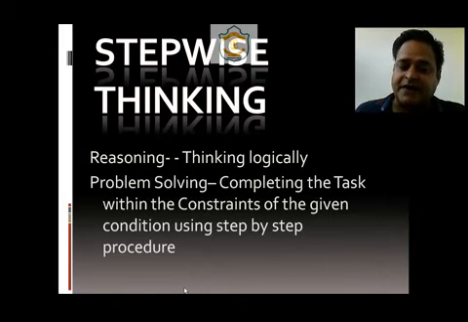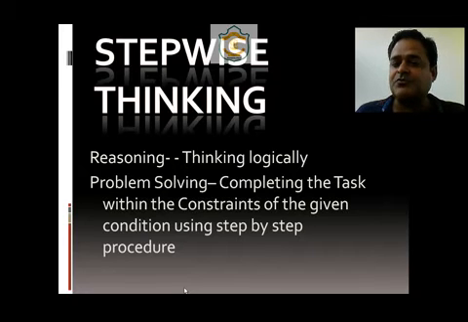And the second term which is used here is problem solving. Problem solving means completing the task within the constraints of the given conditions using the step-by-step procedure. So yes, we have to use whatever conditions we have, whatever limitations we have.